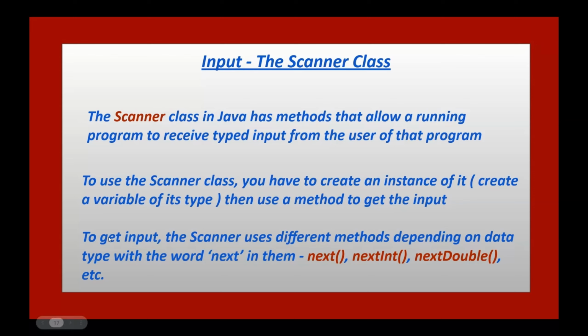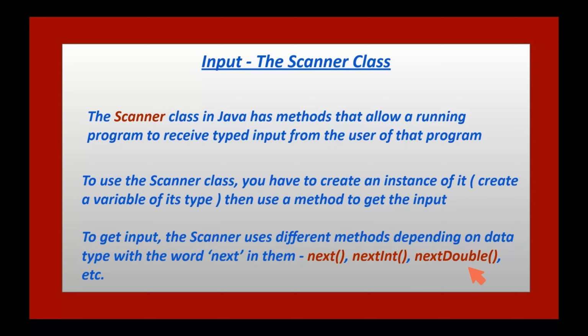And going down to this final point here, to get the input, the scanner uses different methods depending on the data type, and the methods are going to have the word next in them, like simply next, nextInt, nextDouble.